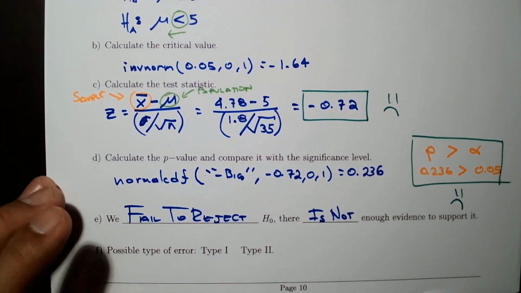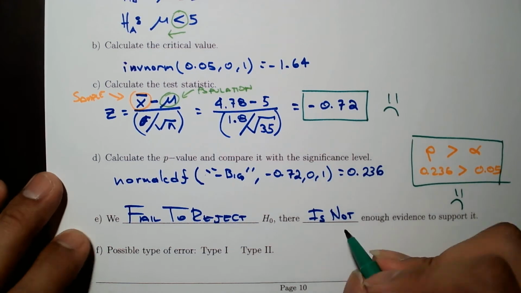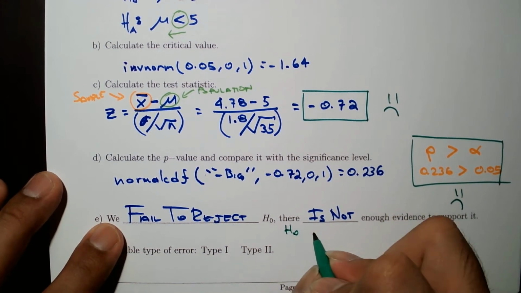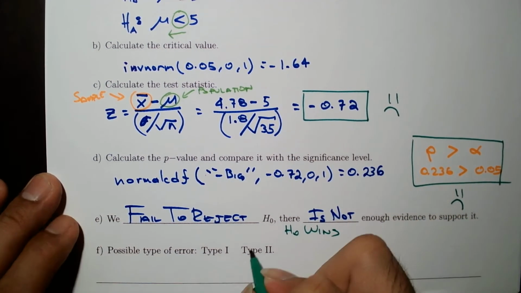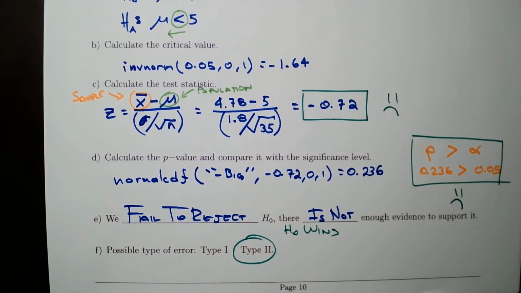In this case, this means that H0 wins, which suggests a possible type of error too. So what could be the solution here? In this case, it's not a sampling error, as we discussed in the previous COVID example, because in this case, we got a type 2 error.